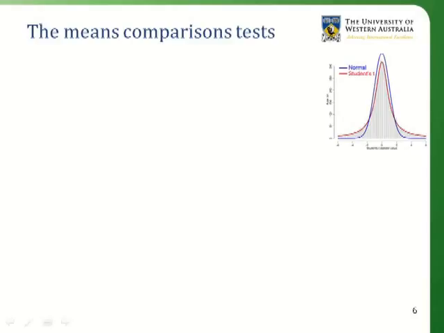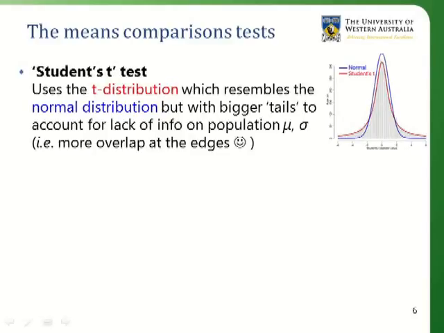Okay, so the means comparison tests. First of all, the Student's t-test. The Student's t-test is, I guess, a variation on the normal distribution. The t-distribution is another symmetrical bell-shaped distribution, but the t-distribution shown in the red curve on this plot has slightly bigger tails.